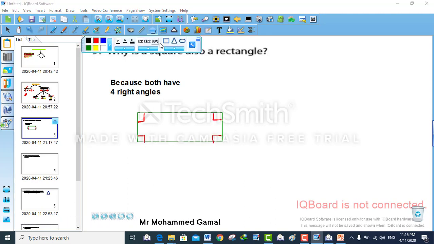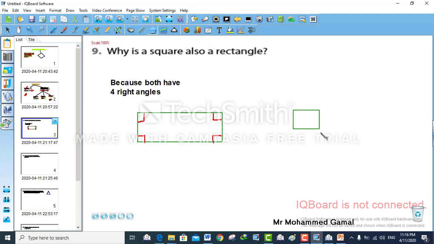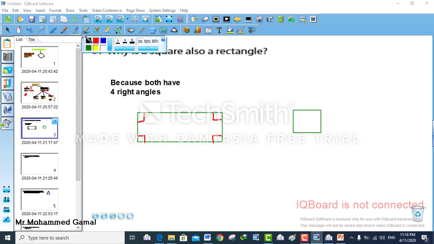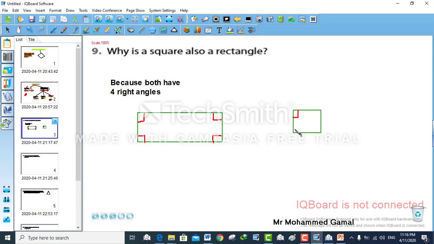For the square, the same. We will try to draw it here as a square. And this square has here 1, 2, 3, 4. So both have 4 right angles. Because of this, a square is also a rectangle because it has the same 4 right angles.